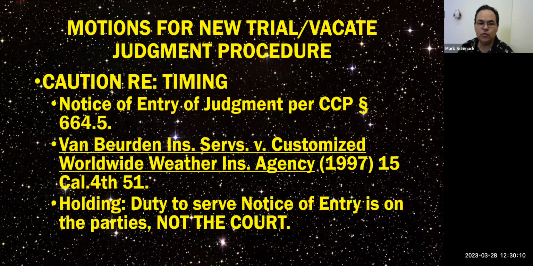I'm going to cite to you the Van Buren case. It is a California Supreme Court case. I know that frequently the court enters and serves judgments all the time.